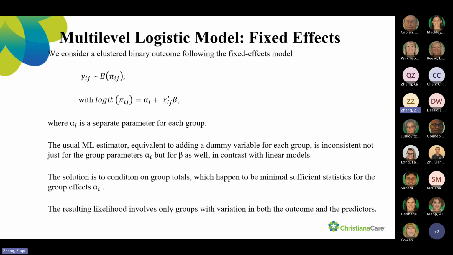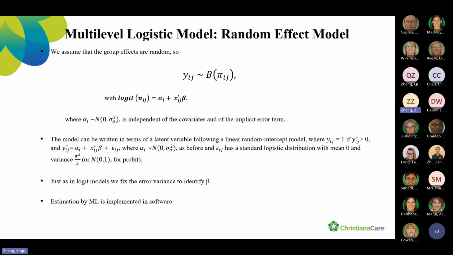Then we can let the group effects be random and add the random part to the ordinary logistic regression, and then we have this multi-level logistic regression.